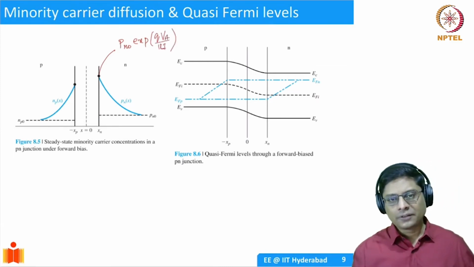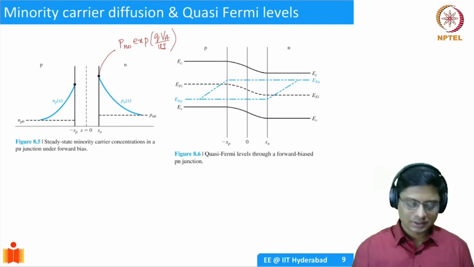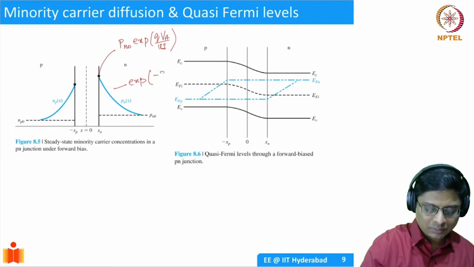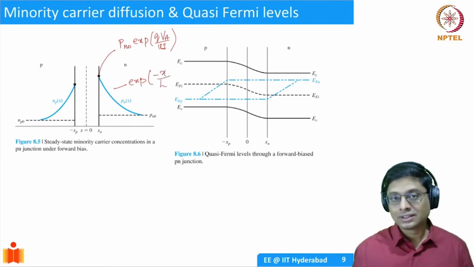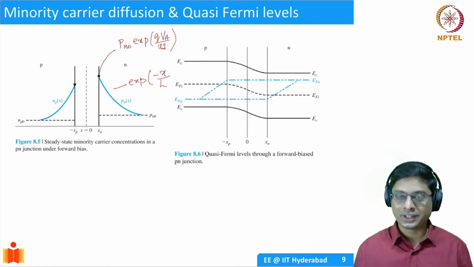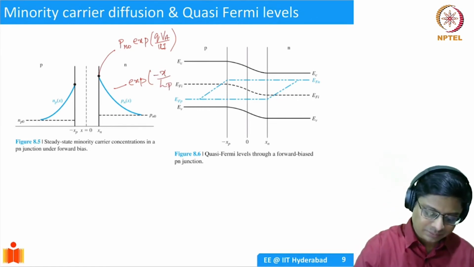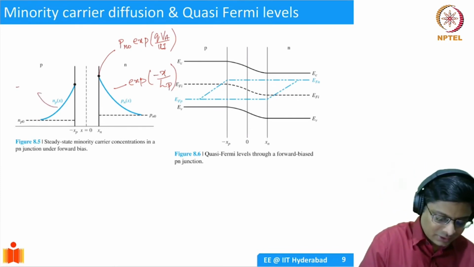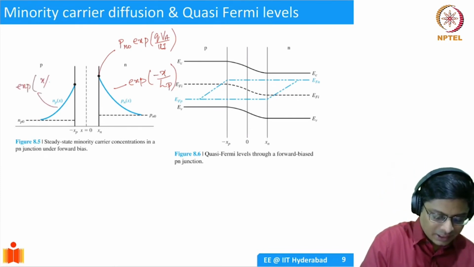And then as you go into the semiconductor, this is going to be simply exponential minus x by L. Is it going to be P or Ln? It's going to be the minority carrier diffusion length, so this is going to be Lp. Similarly, on this side, this is going to be exponential x by Lp.